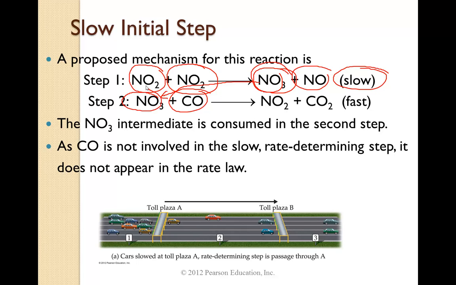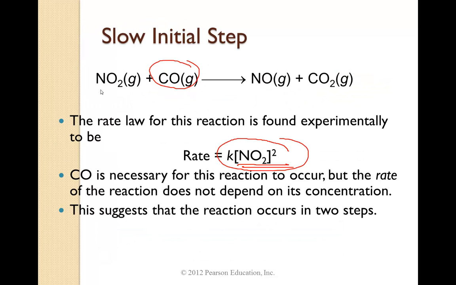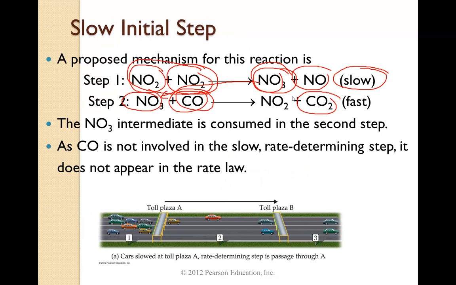As CO is not involved in the slow rate determining step, it does not appear in the rate law. Also notice, if we look at the final and initial things that are around, we have NO2 and CO yielding NO and CO2. One of those NO2s was canceled and the NO3s were canceled because they're not involved in the overall summary of the reaction.